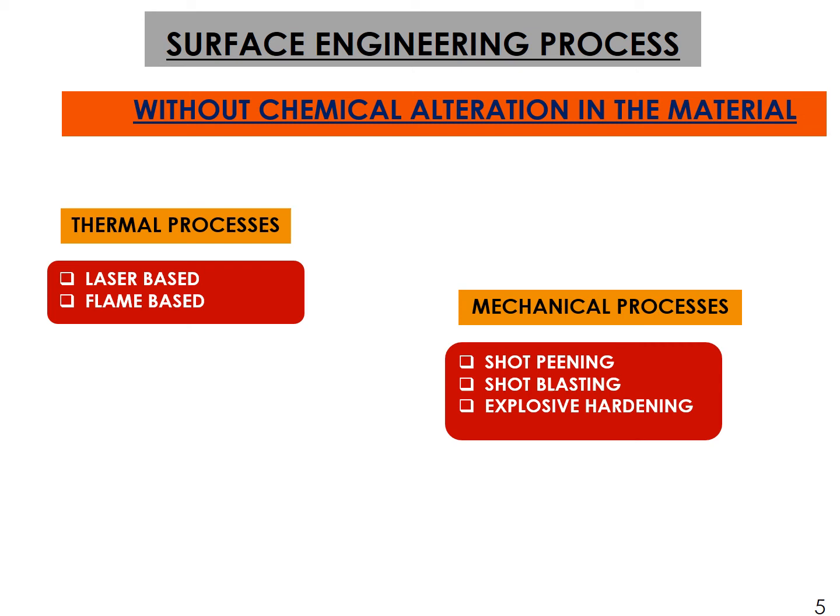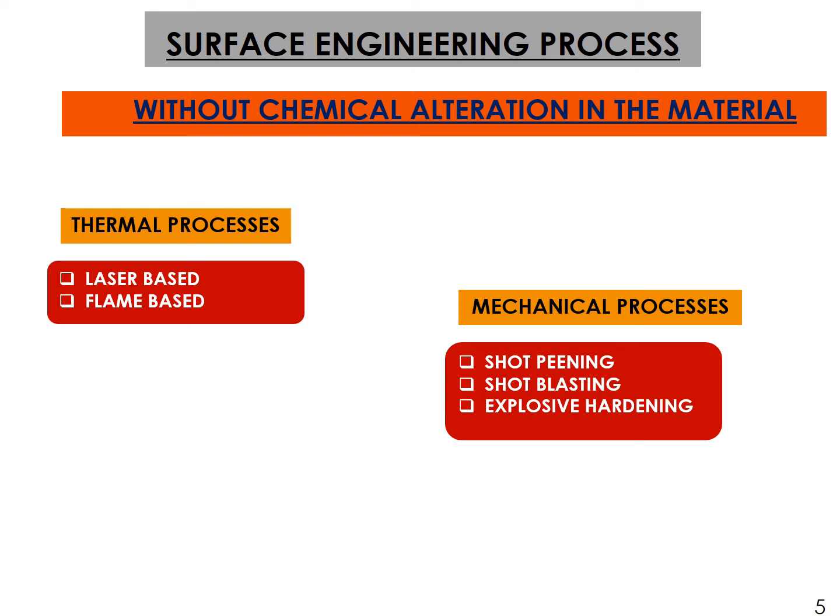Now in this process, the explosives are directly applied to the surface of the material, and then all the explosives are detonated, directly onto the surface. So what will happen after the detonation? We get some forces, and these forces are driven into the metal surface, and thus the hardness of that surface is increased.